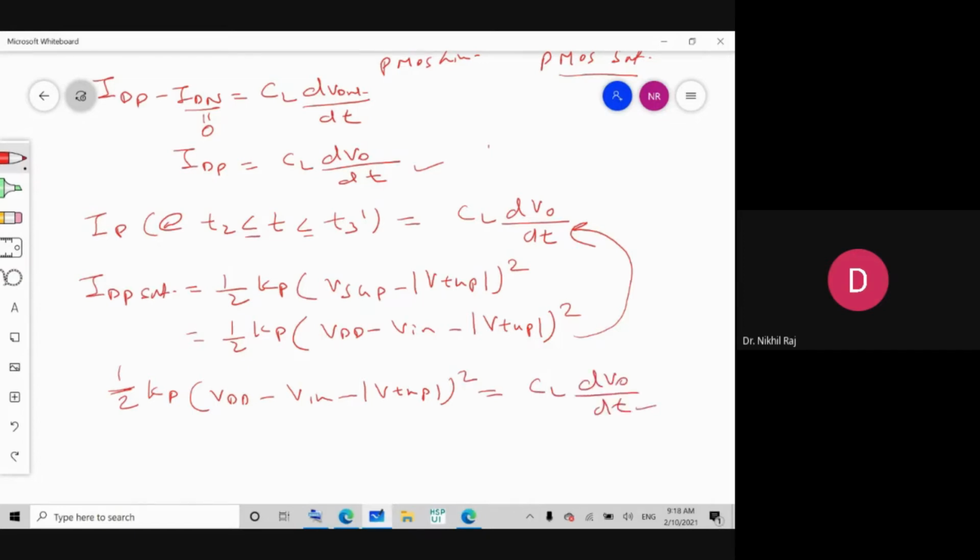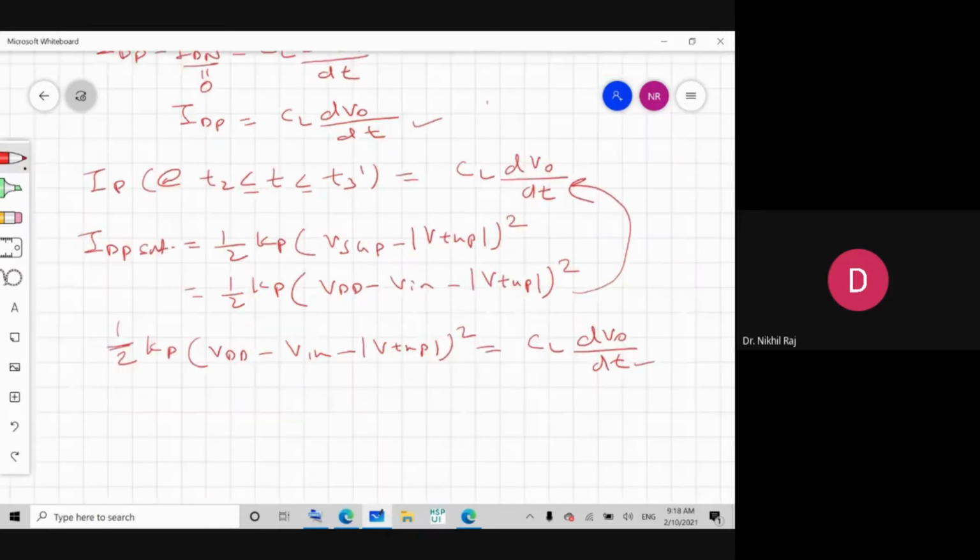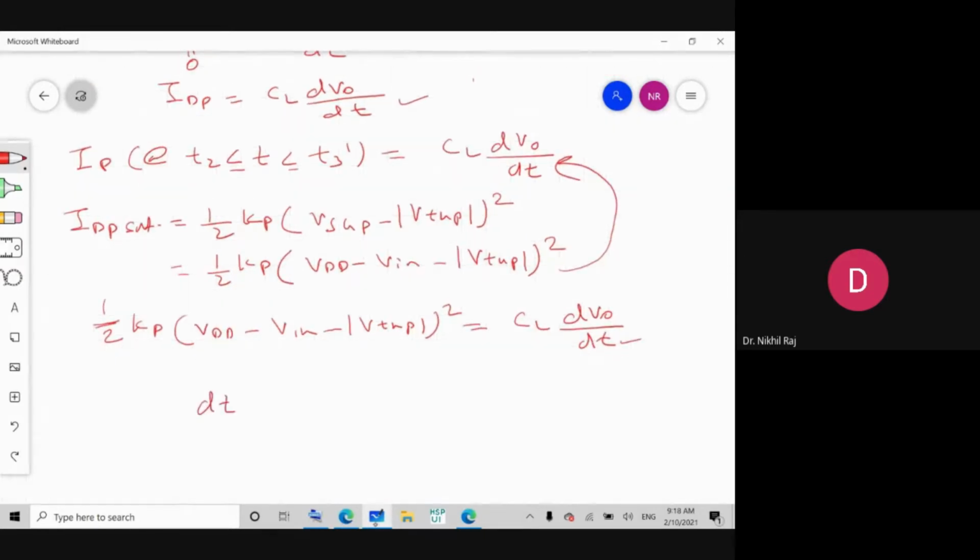Now we have to calculate time. With the same procedure, we shift the time to the LHS. So dt equals CL divided by half Kp into VDD minus V in minus mod of VTH of P, whole square, into dV out.